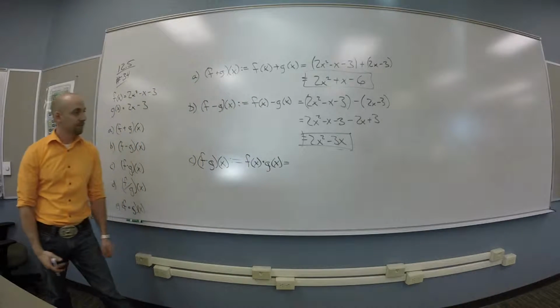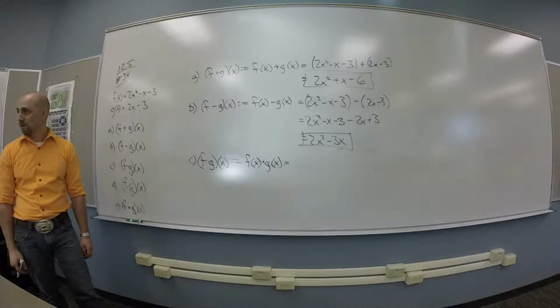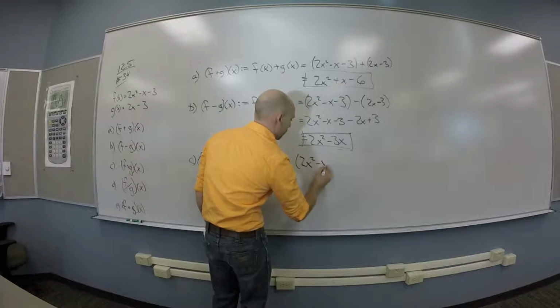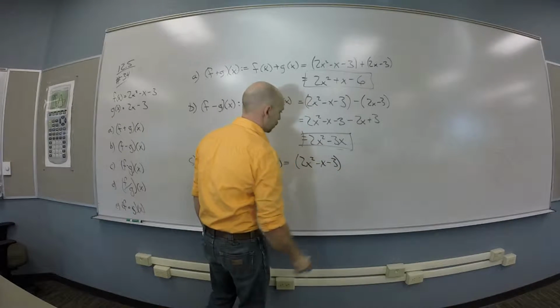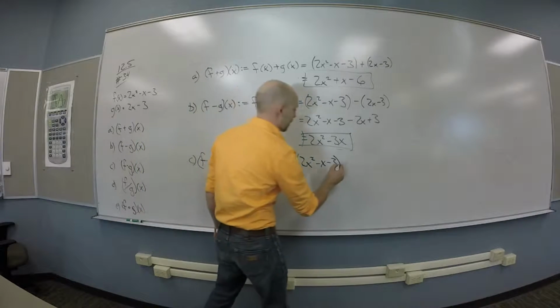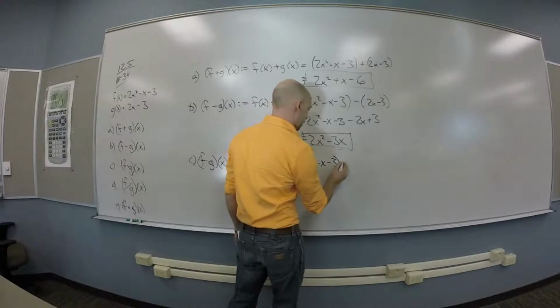Okay, what's f of x? The 2x squared thing. So 2x squared minus x minus 3. What's g? 2x minus 3. Okay, and I should be multiplying these two things together. Multiplying.